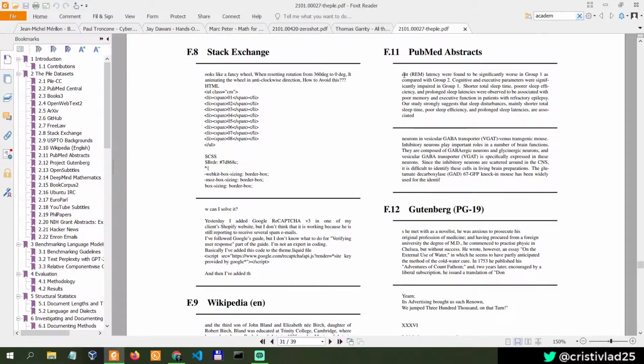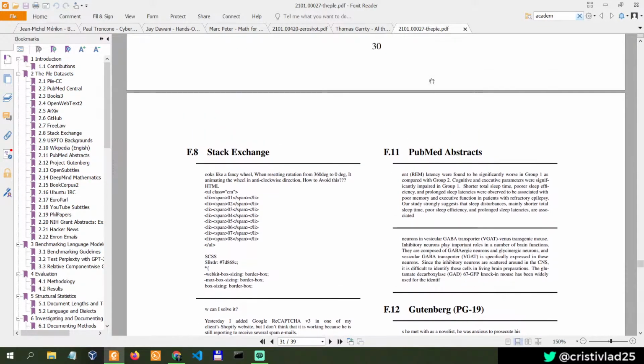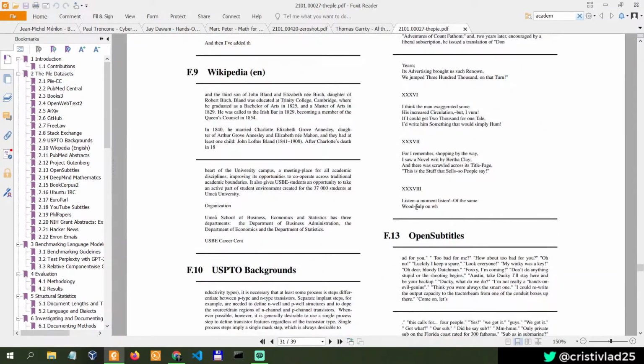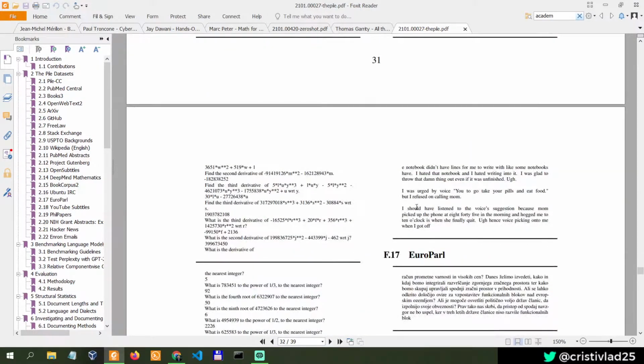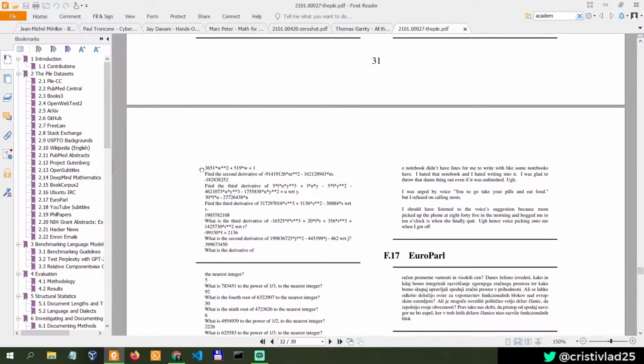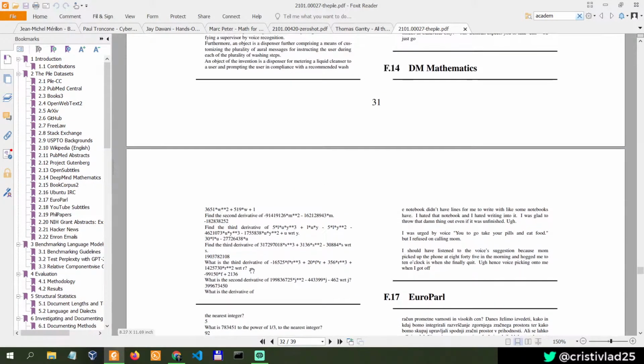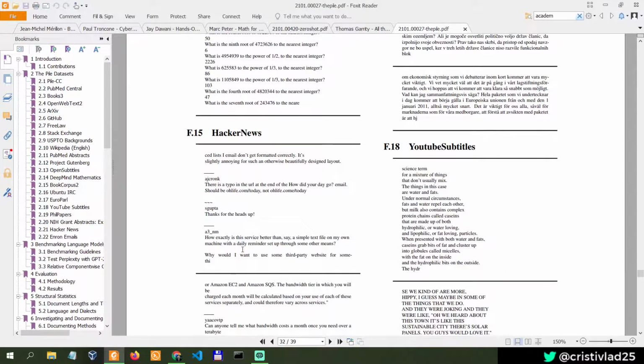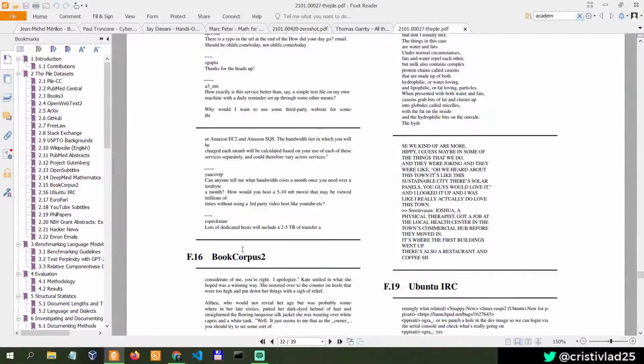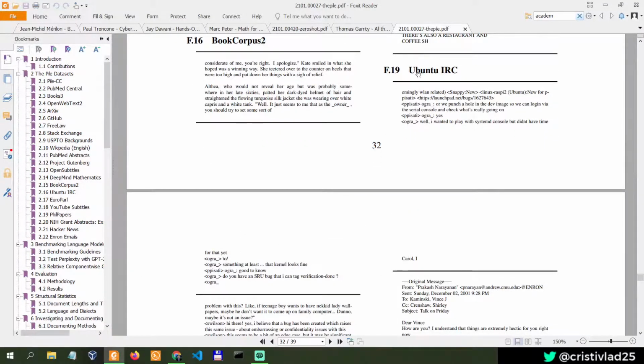PubMed extracts, abstracts, Wikipedia. Now this is probably LaTeX, or not. We even have IRC data.